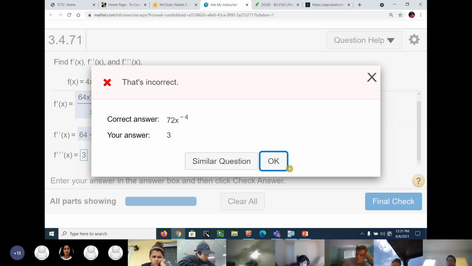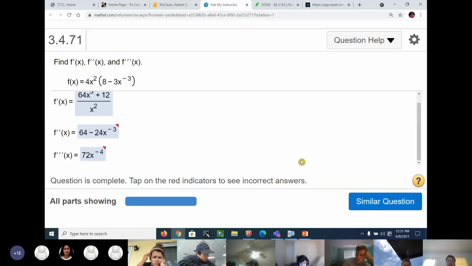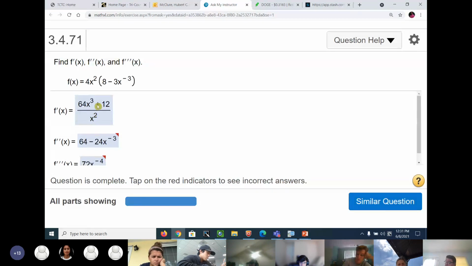So we're good to go. Now they wrote the first one in fractional form, and you can have my answer or you can have that one. 12x to the negative 2 over, yeah, they got a common denominator of x squared. So I'll take either answer on that one.